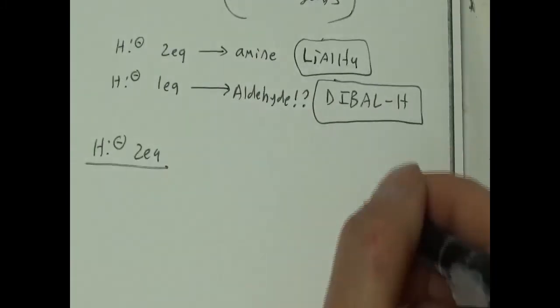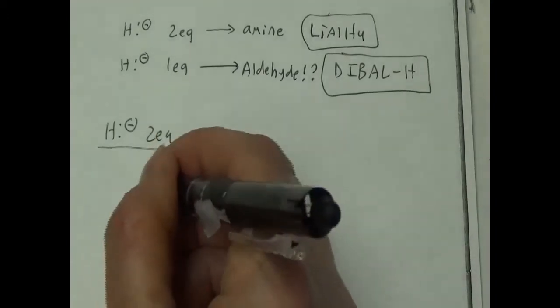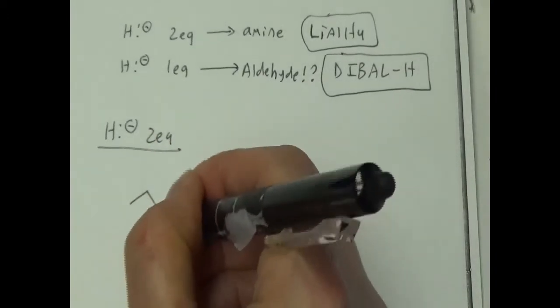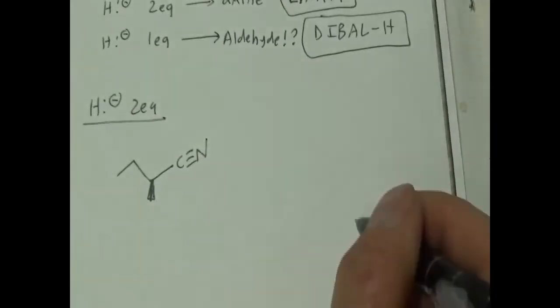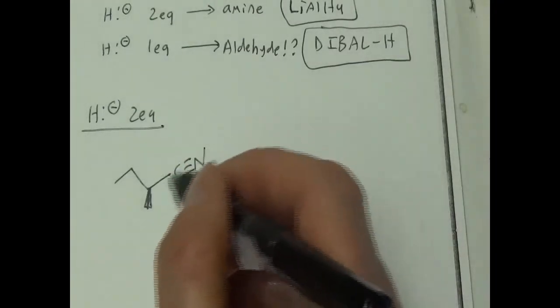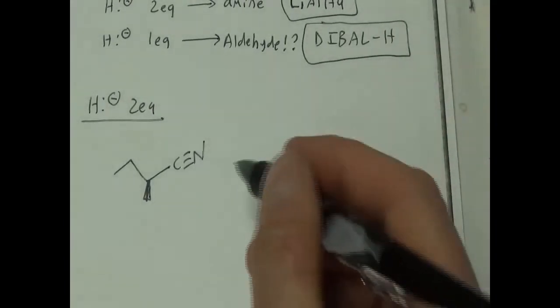So for the H:⁻ two equivalents, let's just show a random nitrile. Let's make it chiral for no particular reason. Make our nitrile nice and linear. Don't make a bent nitrile. Then we know this reaction because you learned it before.